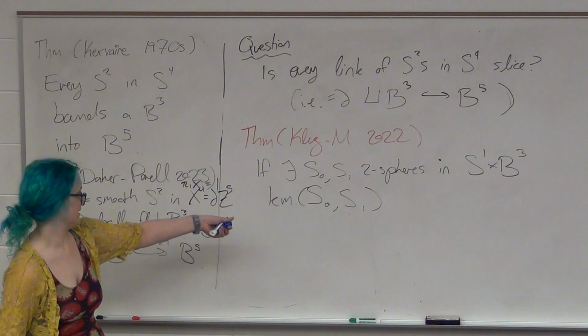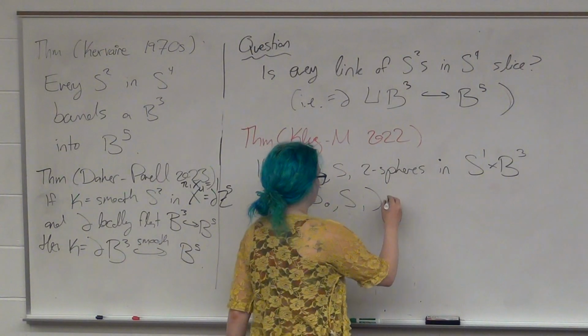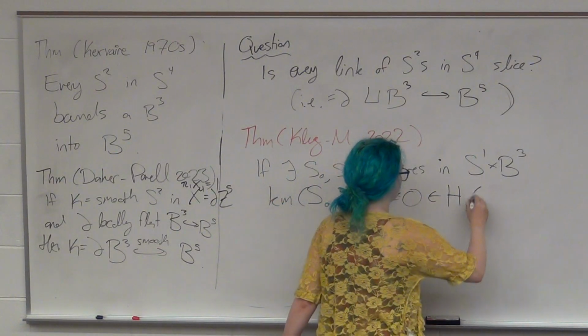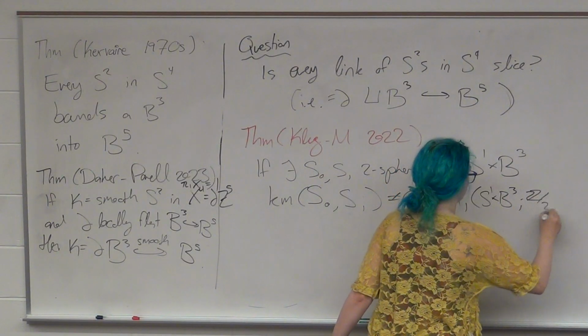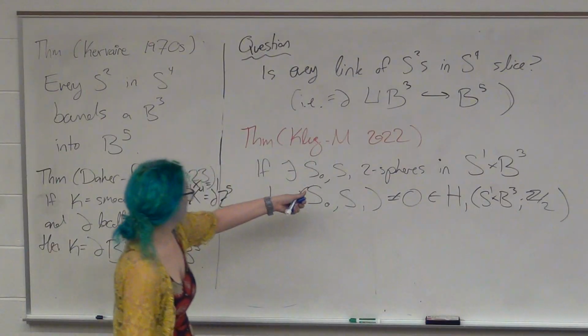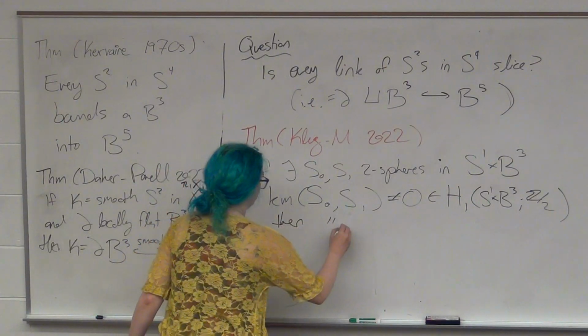This is Kervaire-Milnor, not Klug-Miller. We're not crazy. The Kervaire-Milnor invariant needs to be non-zero. It is valued in the first homology of the ambient manifold with Z mod 2 coefficients, so it's either 0 or 1. If you just had one pair of two spheres where it's not 0, then the answer is no.